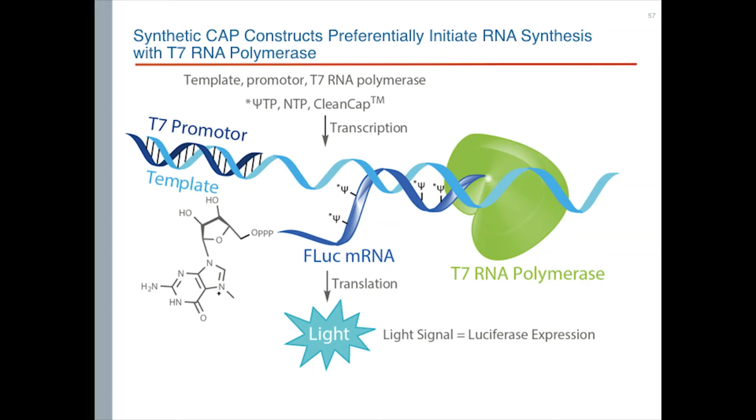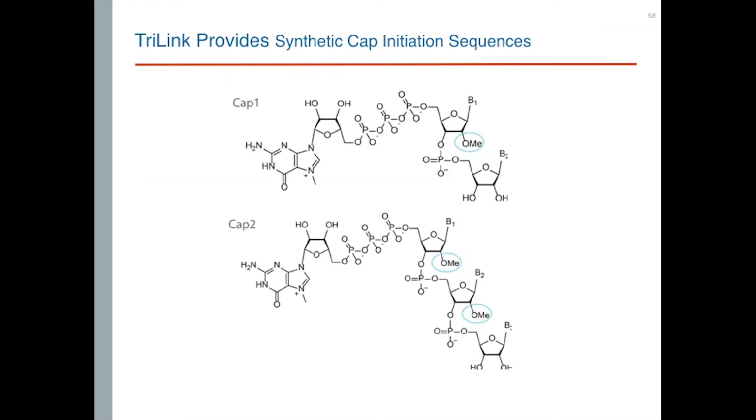So what TriLink has come up with are these cap structures that are recruited by the T7 polymerase during RNA synthesis. It's actually pretty amazing.